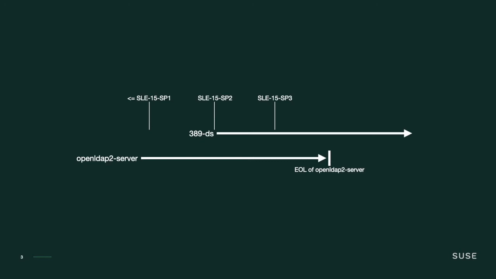A lot of the features we're going to be talking about today, however, were introduced in SLE 15 SP3. And this gives us an overlap of time where both OpenLDAP2 server and 389 Directory Server are supported in the distribution, giving you time to plan and perform the migration.